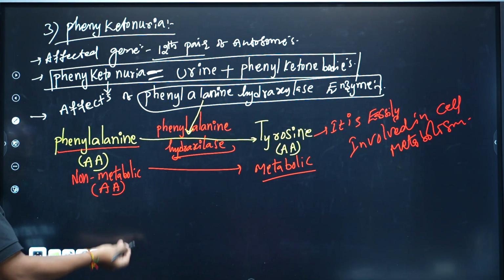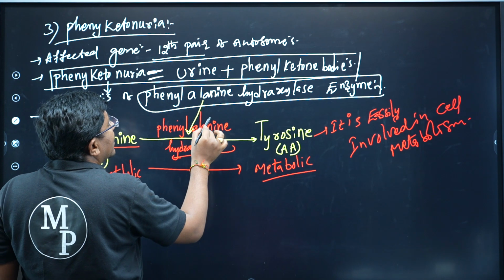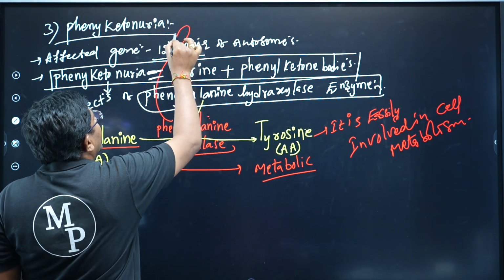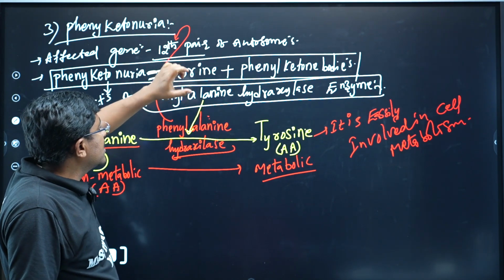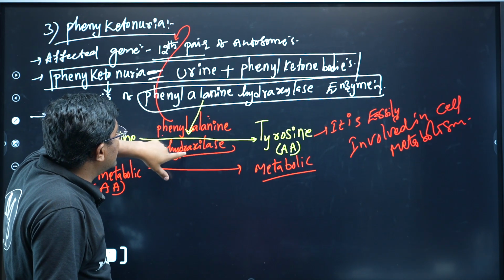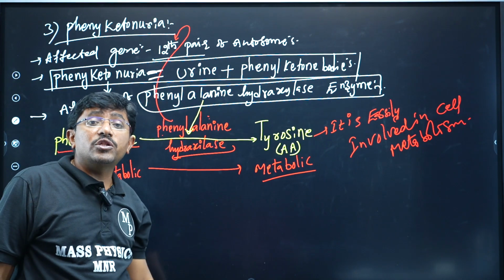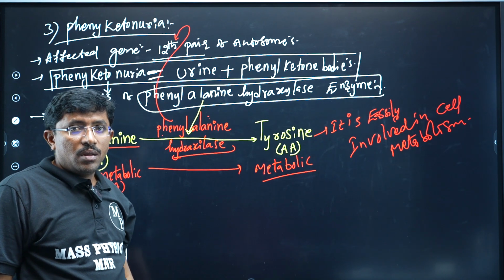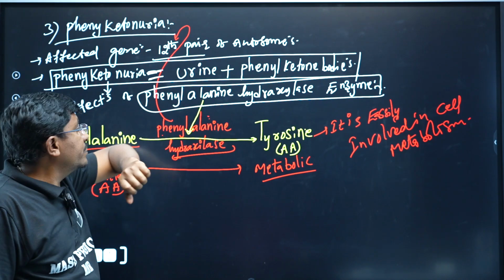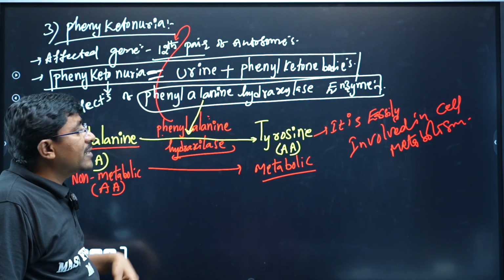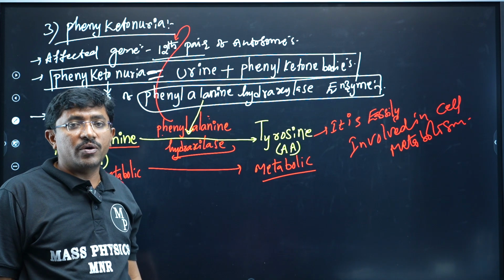For synthesizing this enzyme, the particular gene is present on the 12th pair of autosomes. Unfortunately, when a mutation occurs on the 12th pair of chromosomes, the phenylalanine hydroxylase enzyme cannot be synthesized within our body.